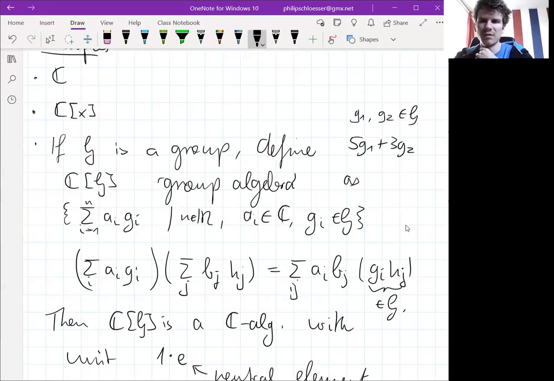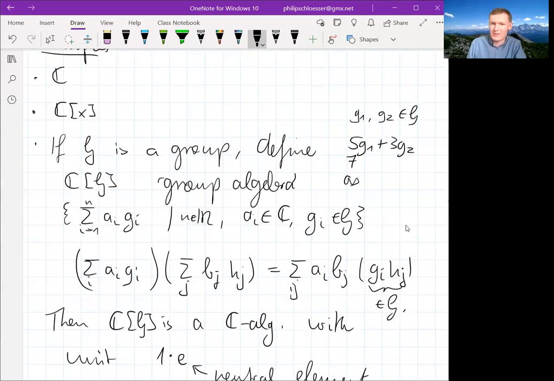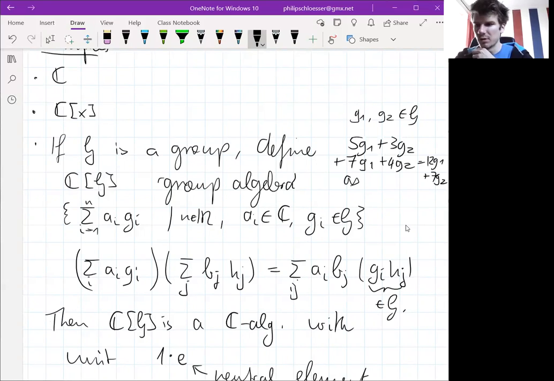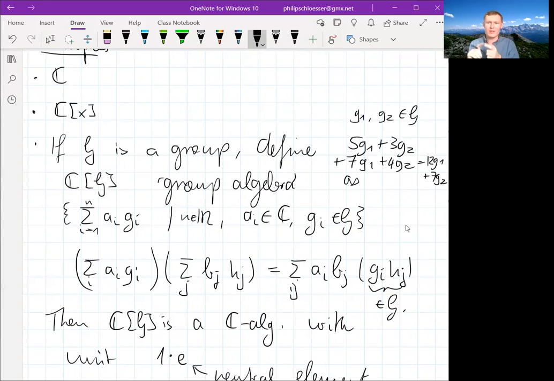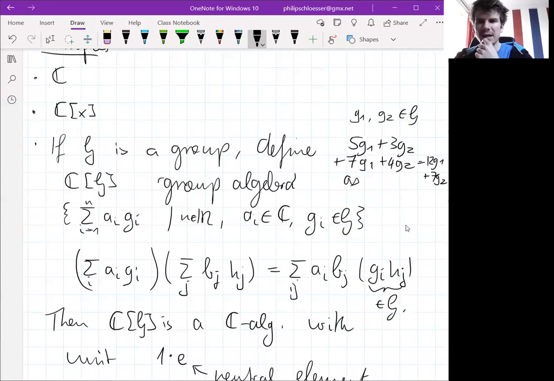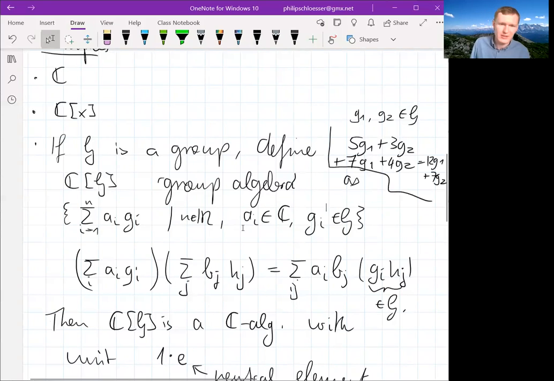You cannot simplify it. And if you add 7G1 plus 4G2 to that, that would then just be 12G1 plus 7G2. That looks very much just like the polynomial algebra. Yes, with the one caveat that if you multiply them, you actually multiply the elements in the group. But basically it's the same as polynomial rings.